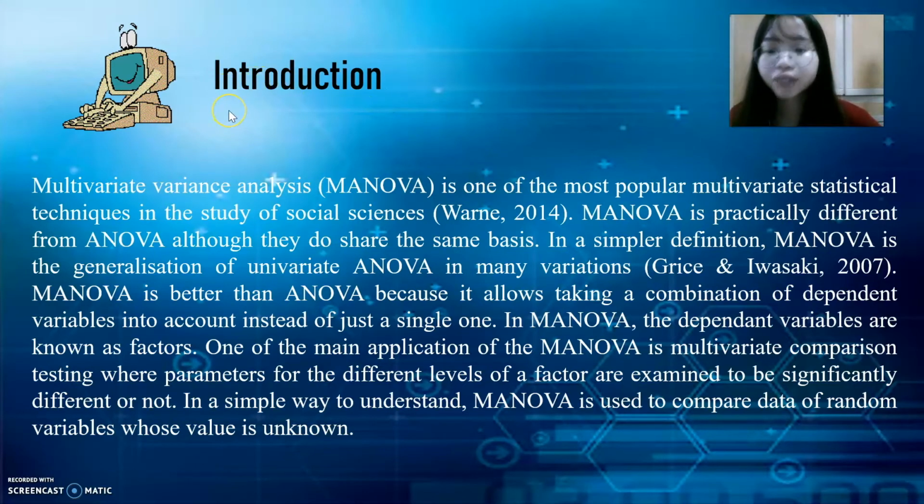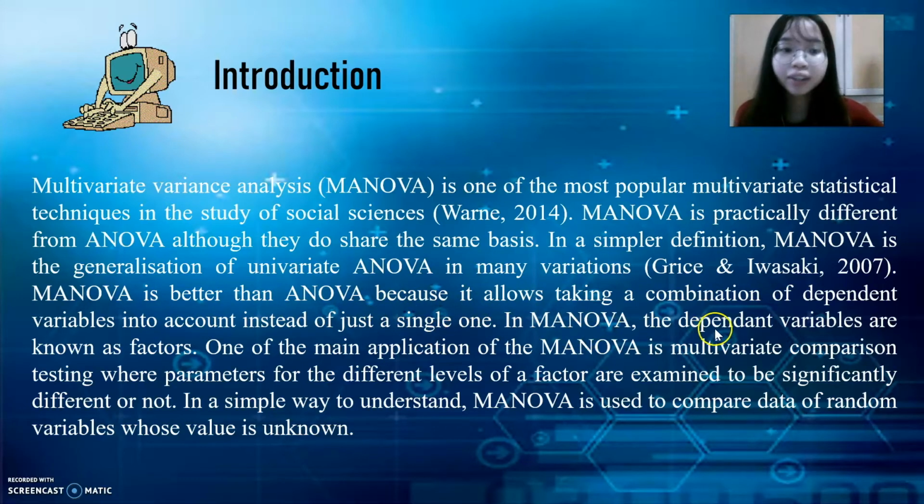For the introduction, MANOVA is one of the most popular multivariate statistical techniques in the study of social science. It is practically different from ANOVA, although they do share the same basis. In a simple definition, MANOVA is the generalization of univariate ANOVA in many variations. MANOVA is better than ANOVA because it allows taking a combination of dependent variables into account instead of just a single one.